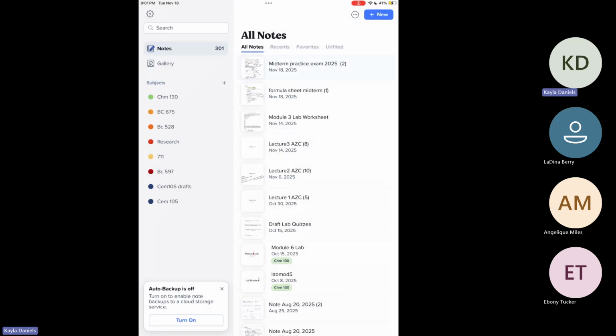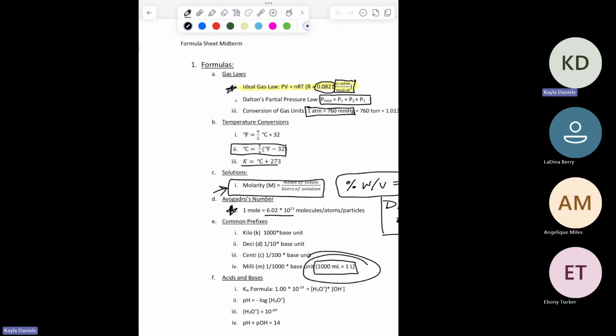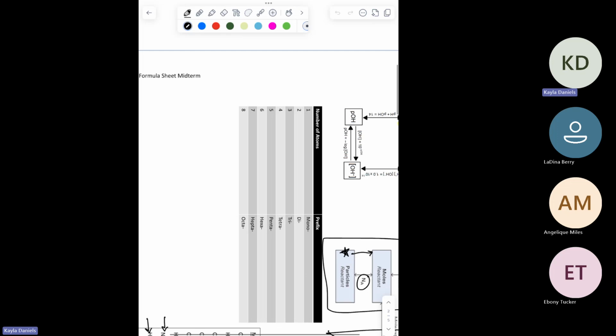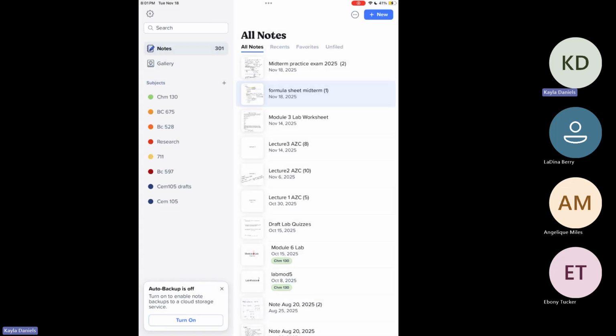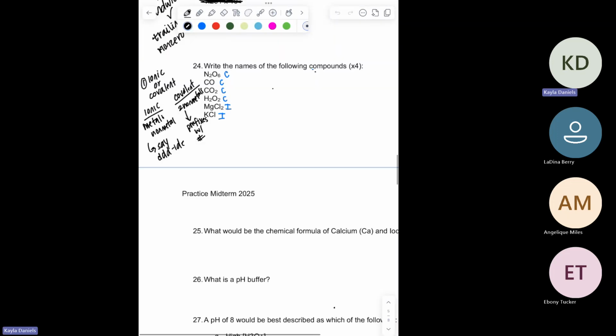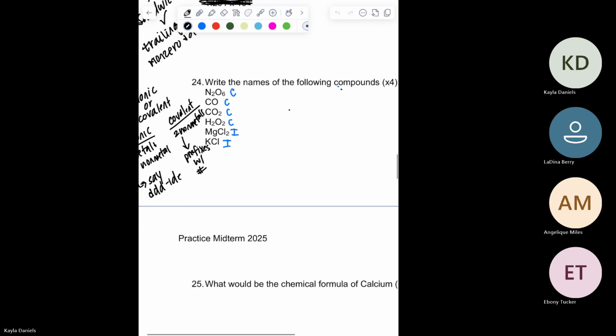If you forget what your prefixes are, they are on the formula sheet here. So we have dinitrogen, di because there's two. 6, I'm blanking on 6. Hexa oxide.